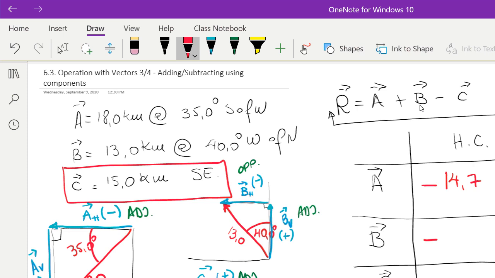So 13 times sine 40 equals 8.4. And the vertical component, since it is going north, will be positive. And since it is adjacent, it will be cosine. So it will be 9.96.